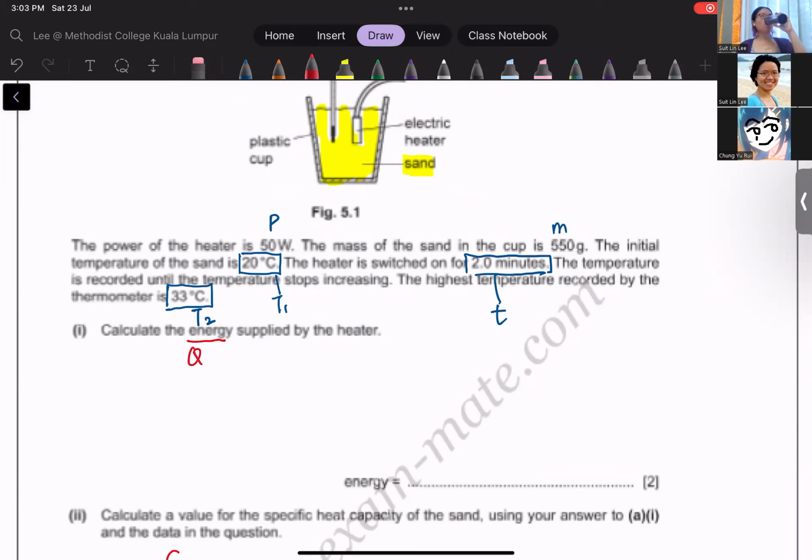Can I just, so Q equals PT is already the answer, so I don't need to go Q equals MC change in T? Okay, never mind. You also kind of don't know what C is, right?